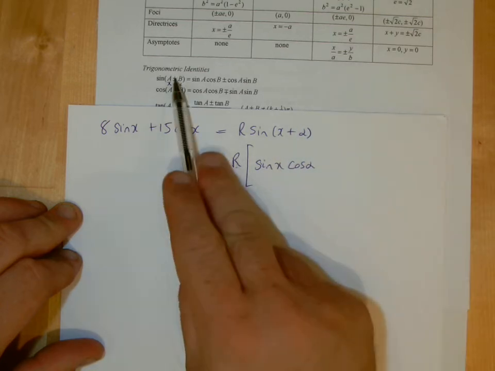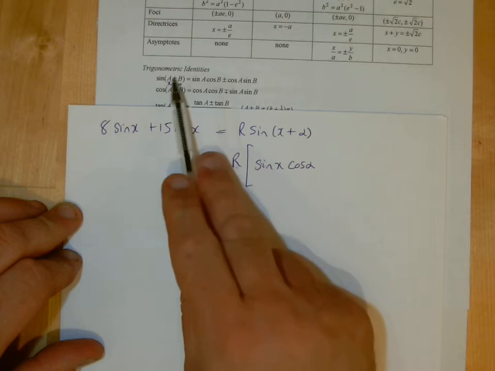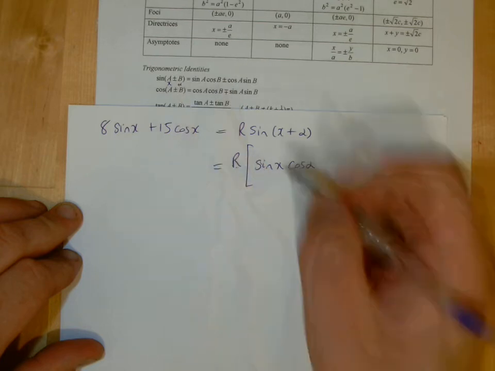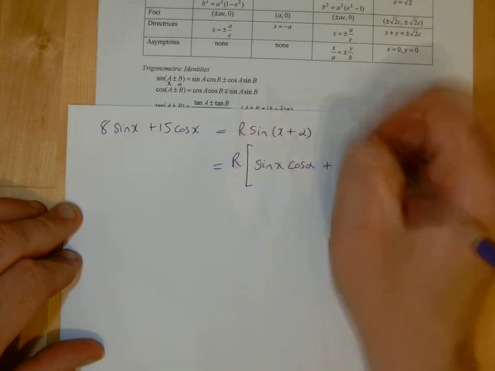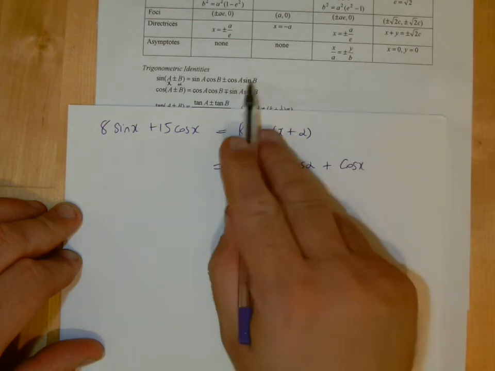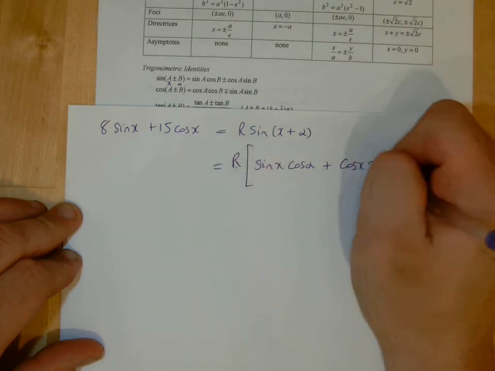Then, because this is a plus in the x plus alpha, you choose what's on the top here, which is also a plus. And then we've got cos A, so that'll be cos x, and then sine B, so that'll be sine alpha.